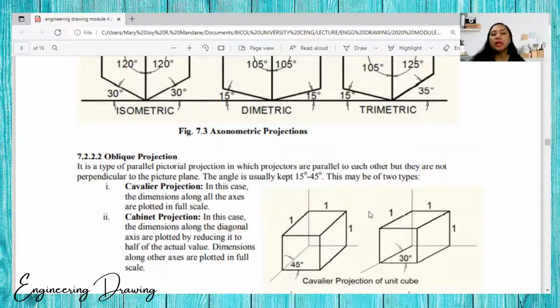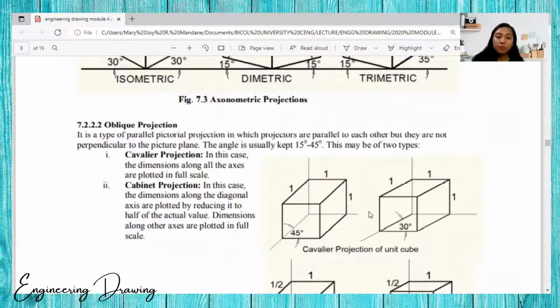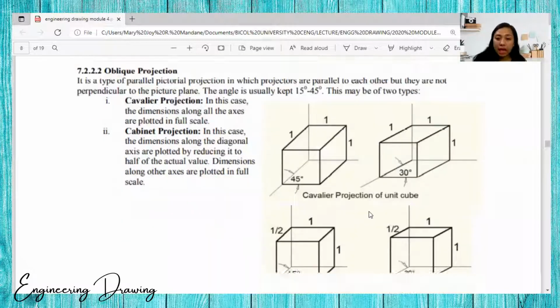The angle is usually kept 15 degrees to 45 degrees. In the cavalier projection, the dimensions along all the axes are plotted in full scale. In the cabinet projection, the dimensions along the diagonal axis are plotted by reducing them to half of the actual value. Dimensions along the other axis are plotted in full scale.